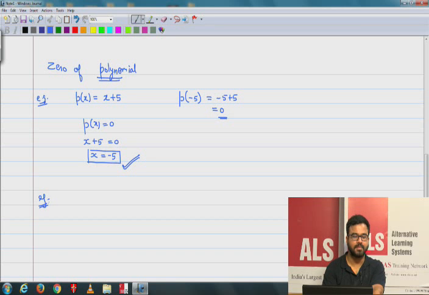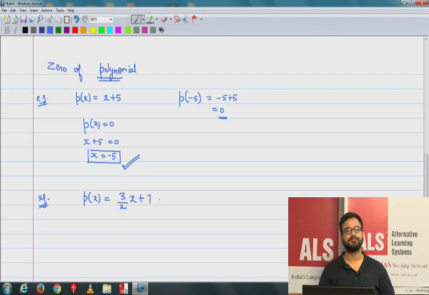Like, if I give you p of x is equal to 3 by 2x plus 7, find the 0 of this polynomial. And those who have completed, raise your hand.